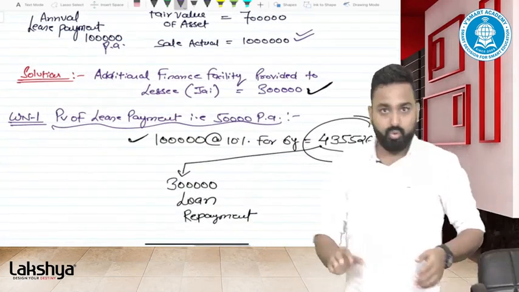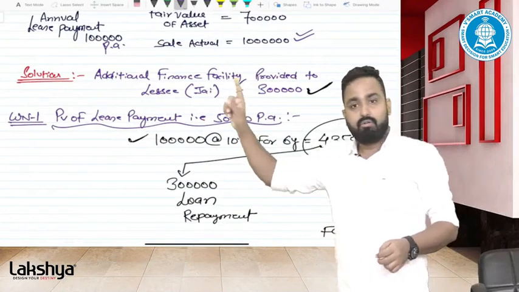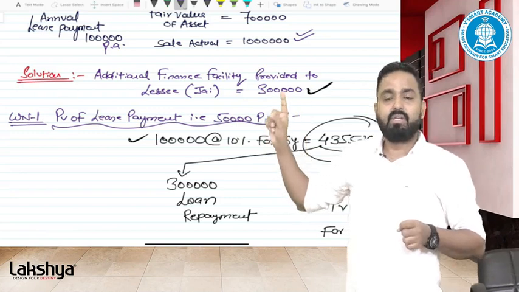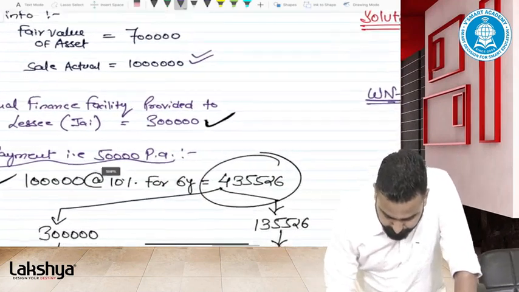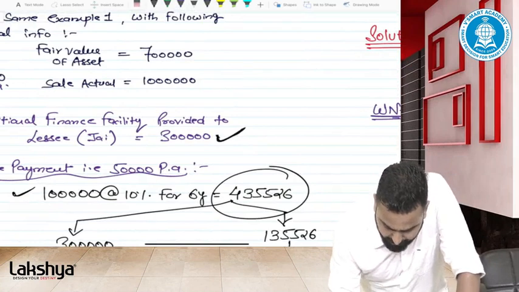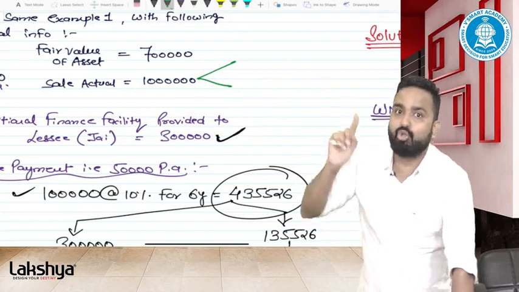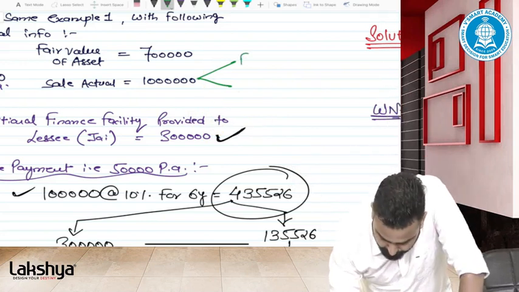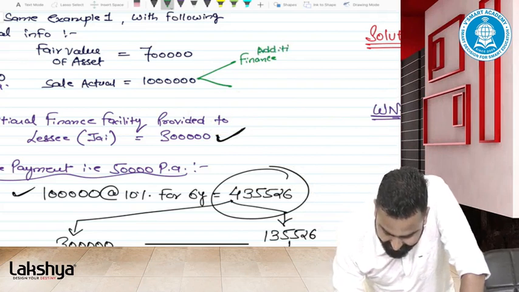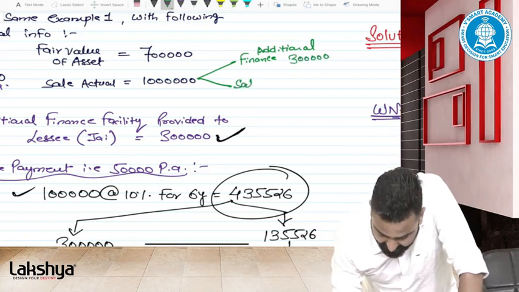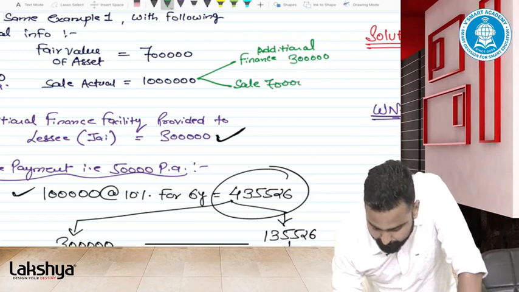Okay. So now what to do? Now try to understand what to do. We know very well that this is the additional finance, 3 lakh. So what we will do? Out of 10 lakh, we divide the 10 lakh into two parts: additional finance 3 lakh and sale 7 lakh.